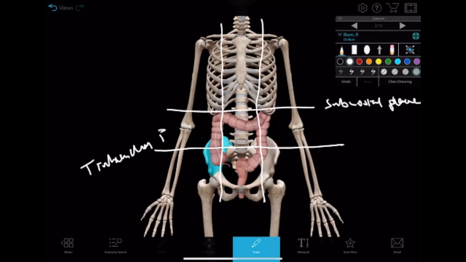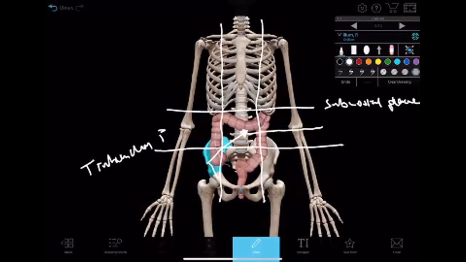And if the inguinal ligament is present here, the umbilicus is here. Cecum is at this transtubercular plane, this is the right one and this one is the left one.